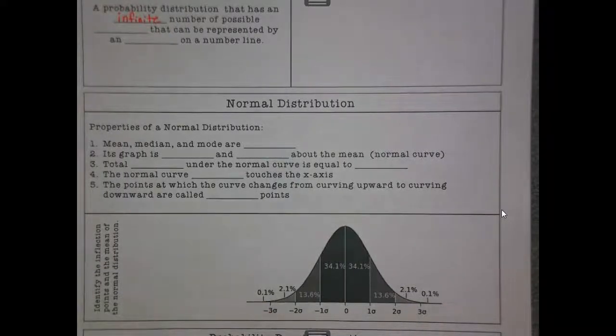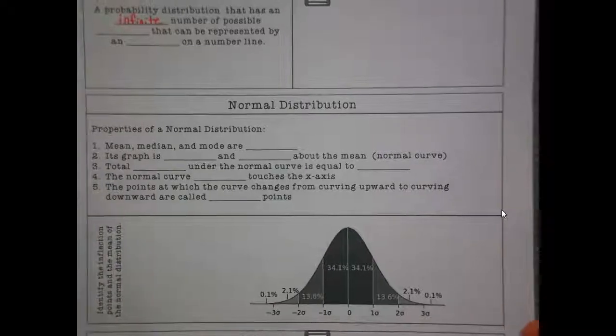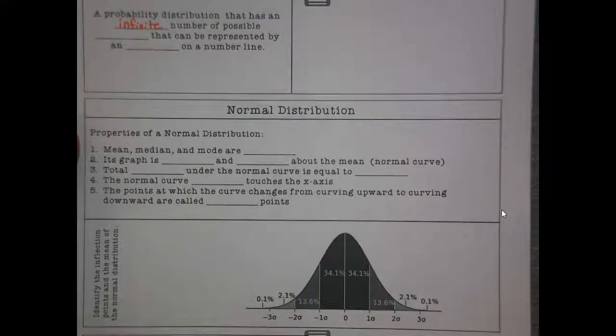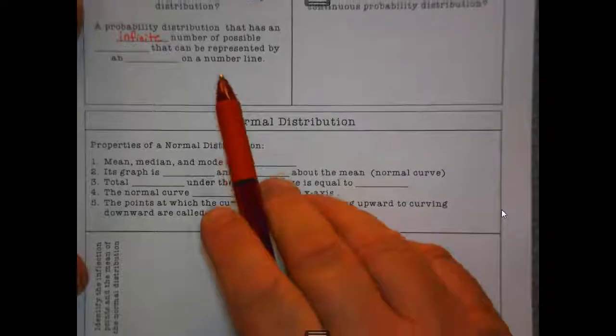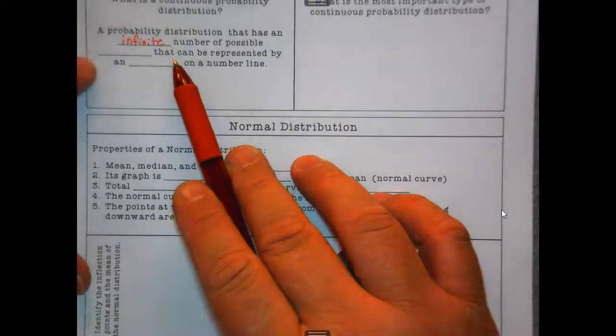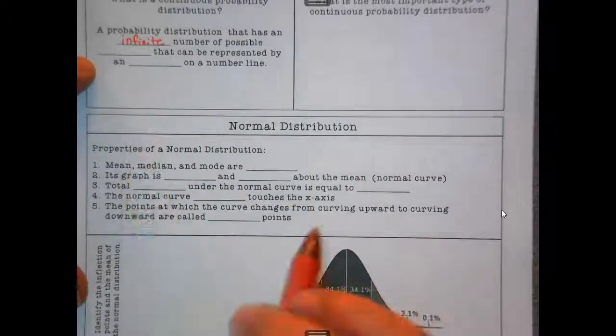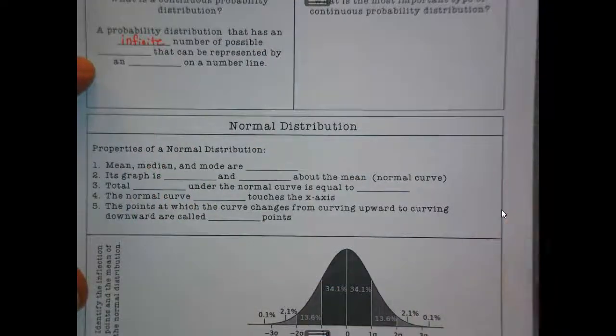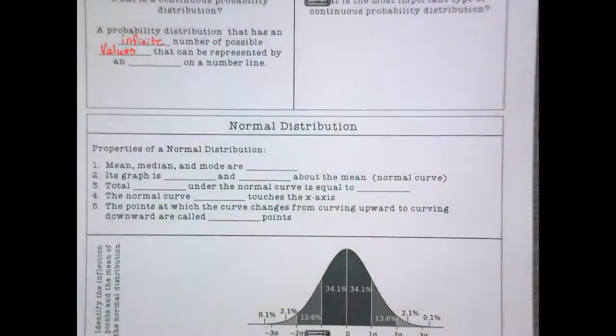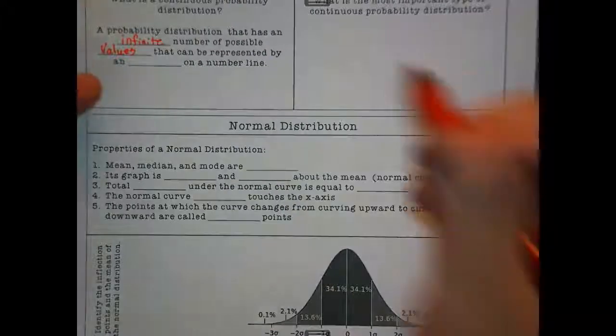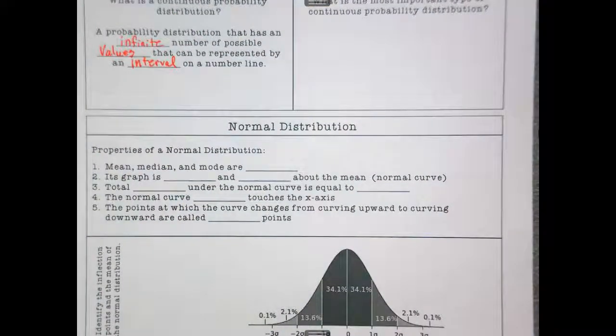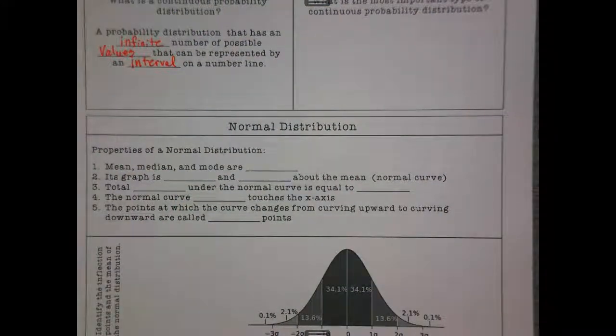So it does have an infinite number of possibilities. The possibilities are the values that can be represented by an interval on a number line.